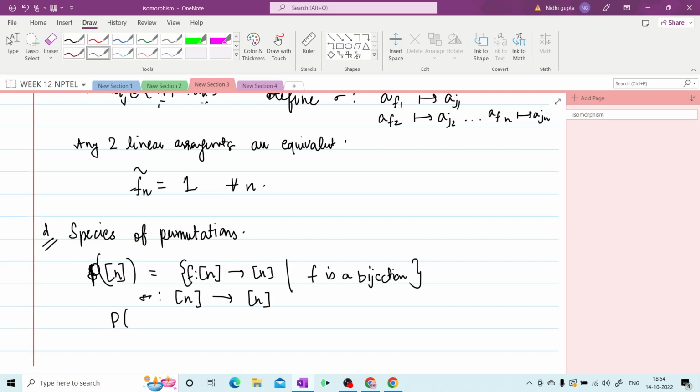What was P sigma? P sigma was defined to be the map going from Pn to Pn. It was sending f to sigma inverse f sigma.